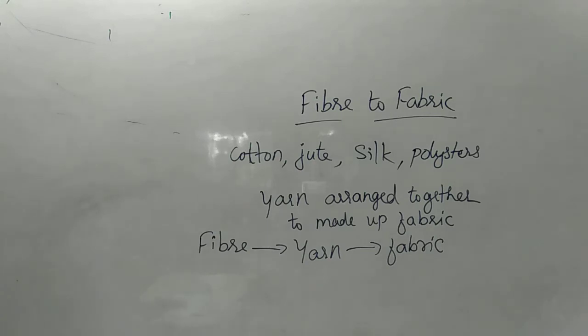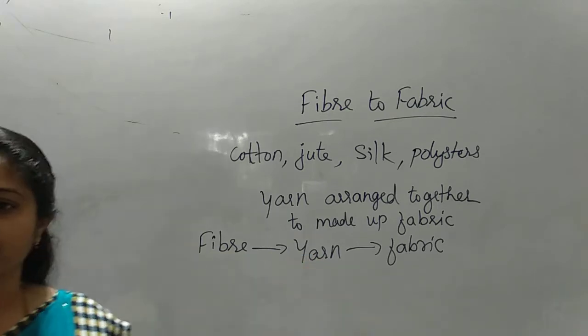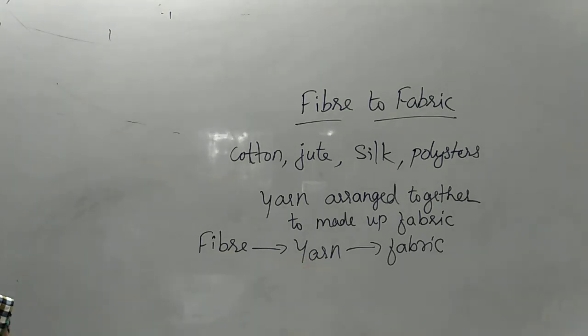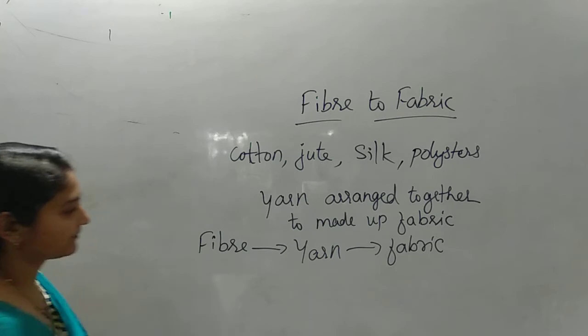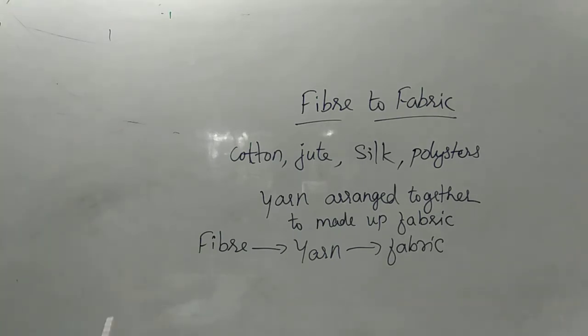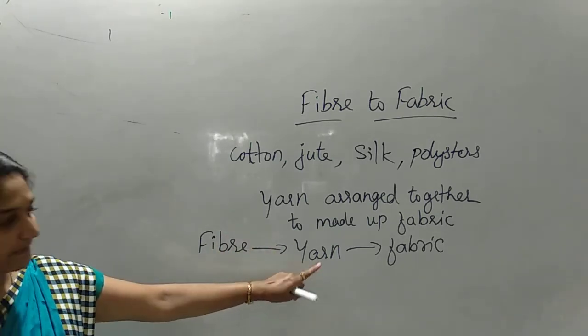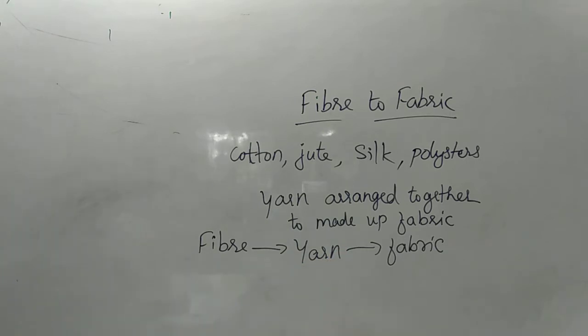So there are different varieties of fibers, the yarn is prepared using those fibers, and fabric is formed. So dear children, fabrics are made up of yarns arranged together, and fiber is made into yarn, then yarn into fabric.